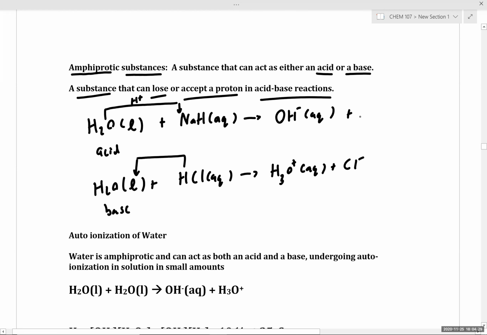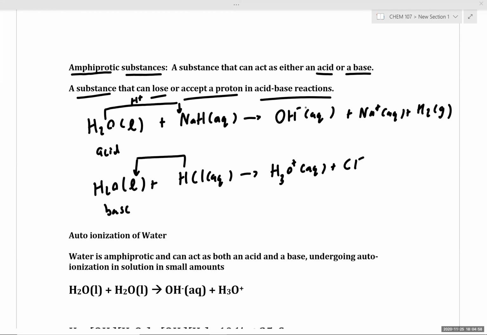Does everyone notice in this example that water can function as either an acid or a base depending on the conditions? This is called an amphiprotic substance. Does this idea make sense to everyone? Can I get some feedback in the chat that everyone's comfortable with this first premise?